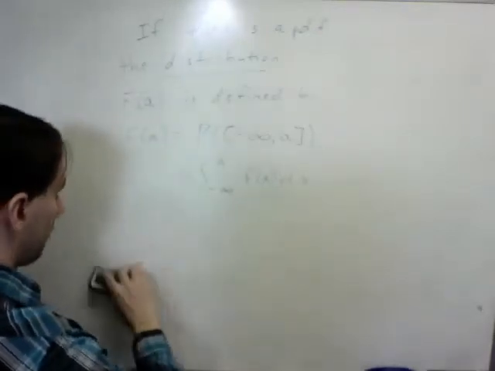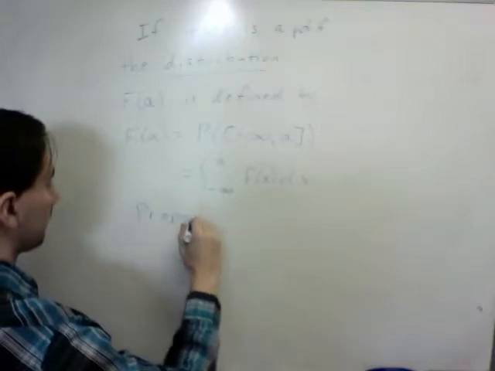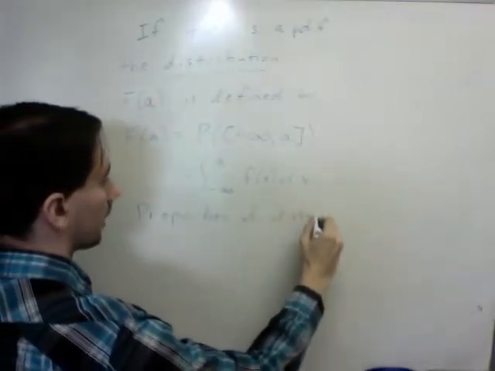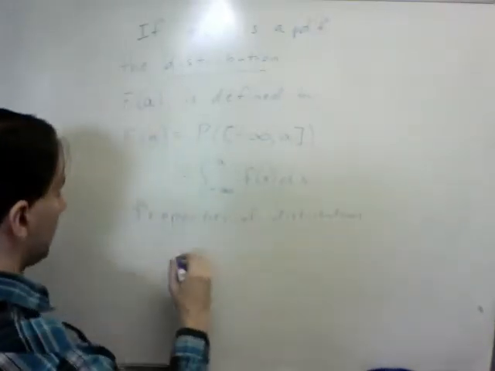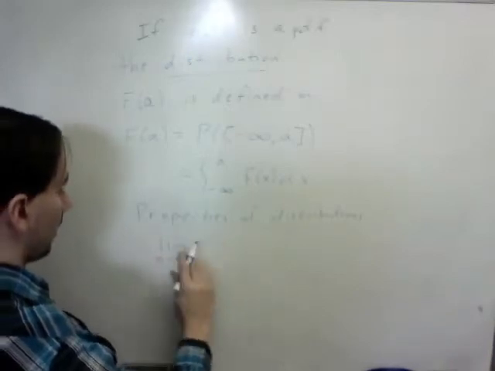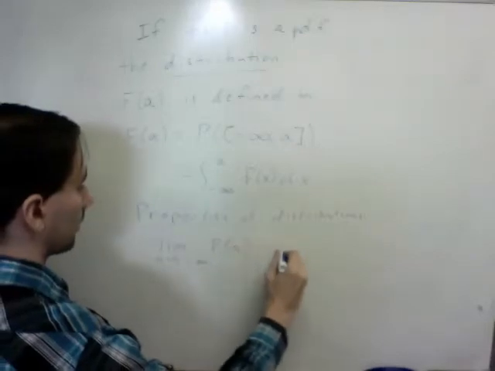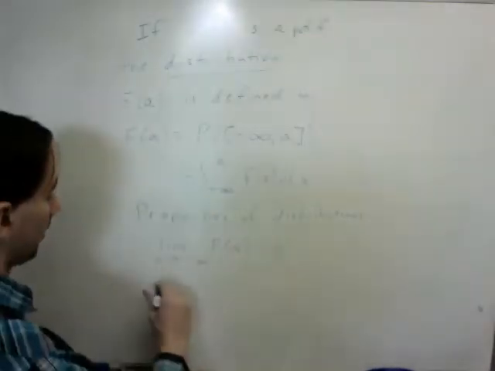Really quickly, let me cover the properties of distributions. I may have to talk about it more in class, because I'm about out of time. But notice that the limit as a goes to negative infinity of F of a equals 0, because if a starts going down to minus infinity, we're going to go past all the area to the left.